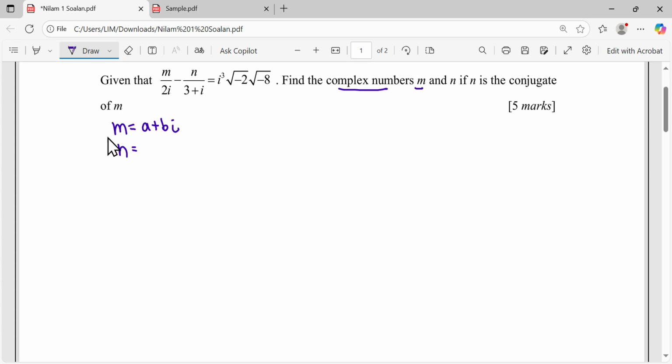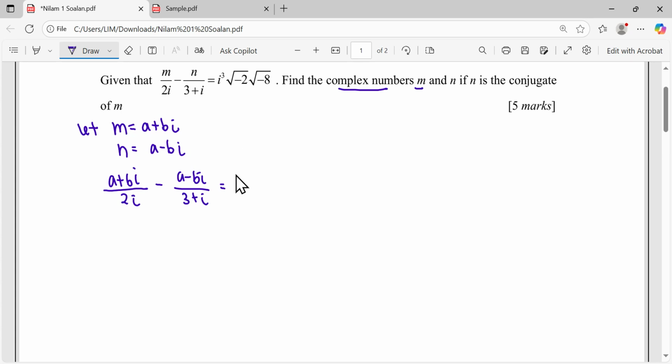And n is the conjugate of m, so n will be a minus bi. We substitute in: m will be a plus bi over 2i, n will be a minus bi over 3 plus i. And we start to simplify here.